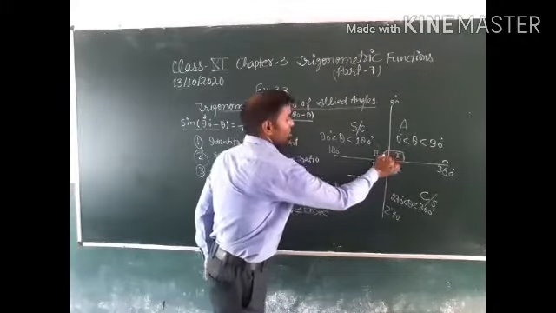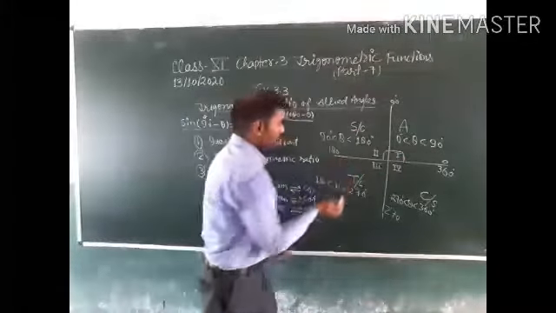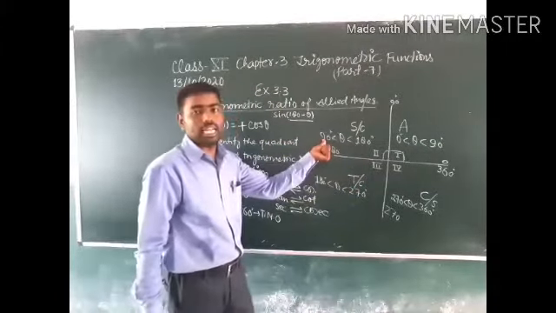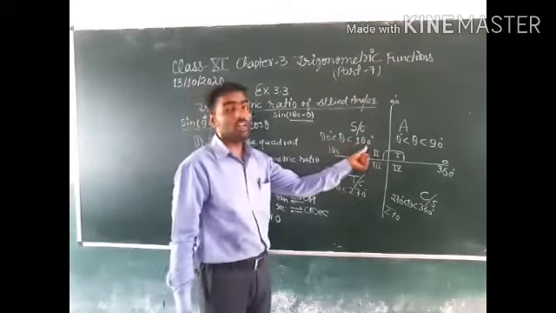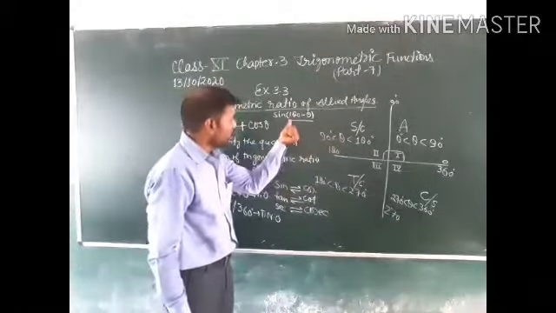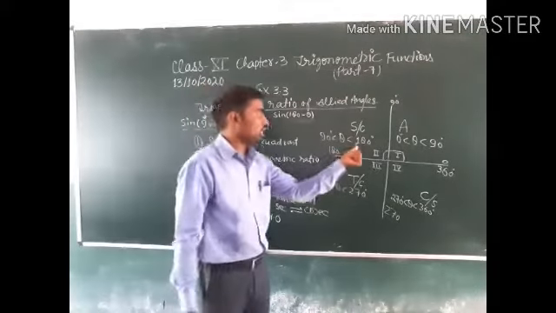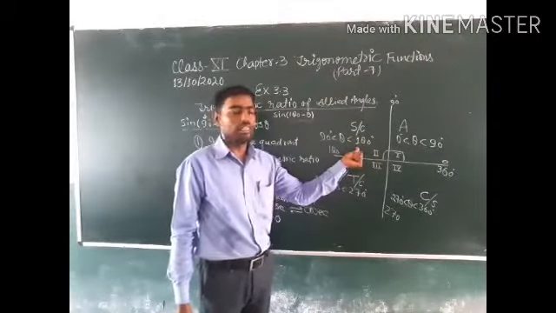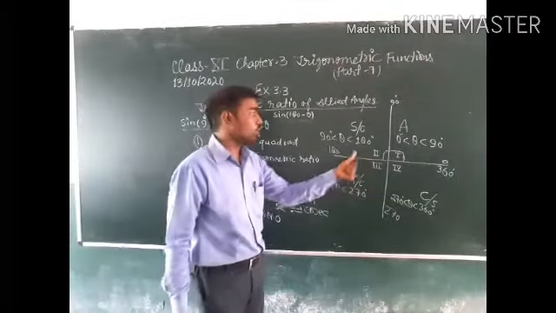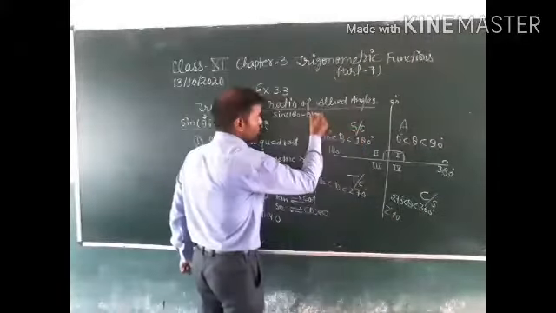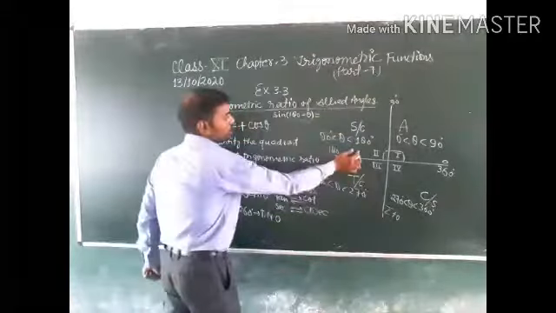This whole part is 180. And in the second quadrant, theta is greater than 90 degree and less than 180 degree. It means this angle belongs to the second quadrant.